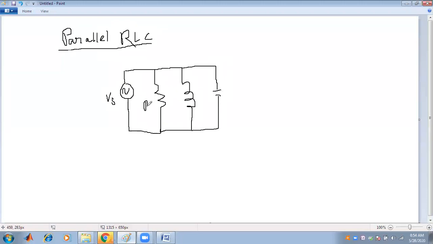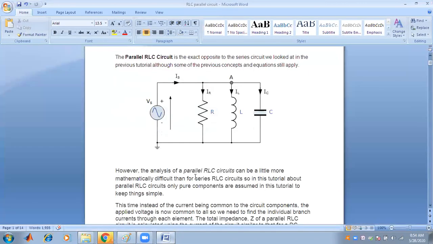This is R, this is L and this is C, and the current coming out from here, called I, is divided into three parts. Through R the current is known as IR, through L it is known as IL, and through C it is known as IC. So the voltage remains the same and the current is divided into three parts.